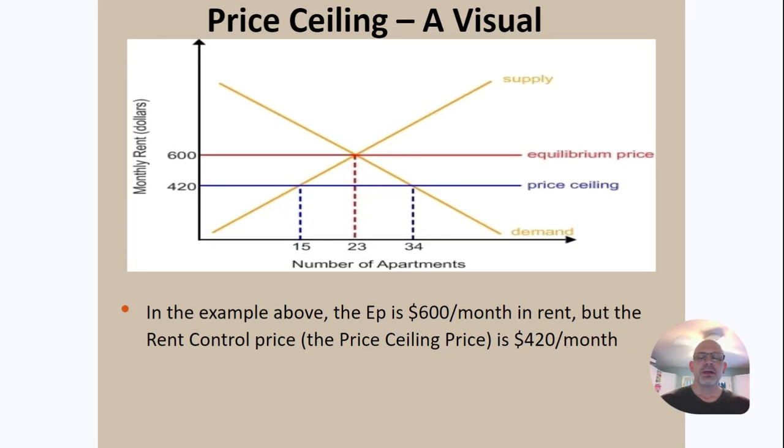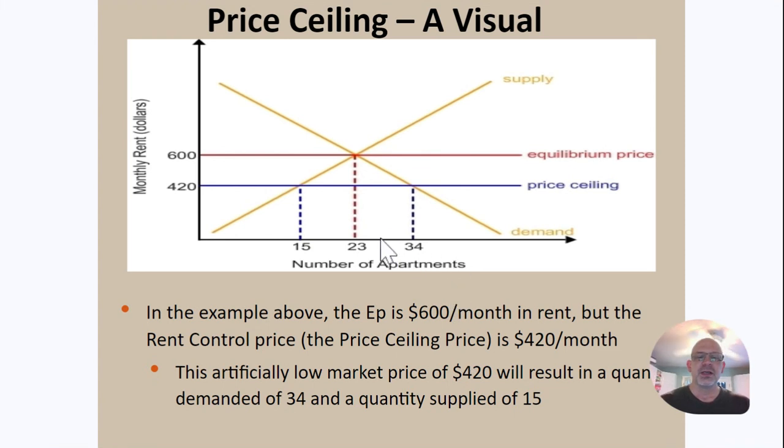Again, once you're asked to find the shortage, don't worry about equilibrium because we're not there. We're at $420. So equilibrium right now doesn't exist for us in finding the amount of the shortage. You take the quantity supplied, which we said is 15 right here, and subtract that from quantity demanded.